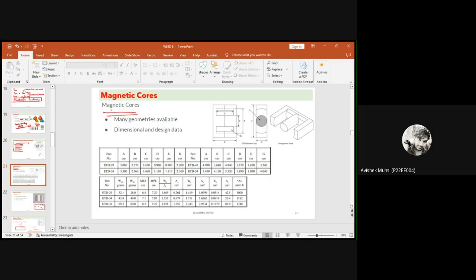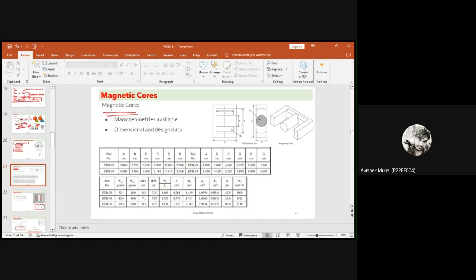Basically, we require a proper core material, like a ferrite base core, for designing the inductor so that it can store energy. So consideration of the core while designing an inductor is one of the basic factors.